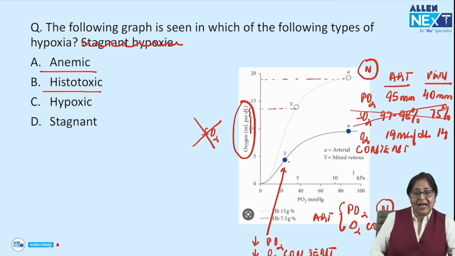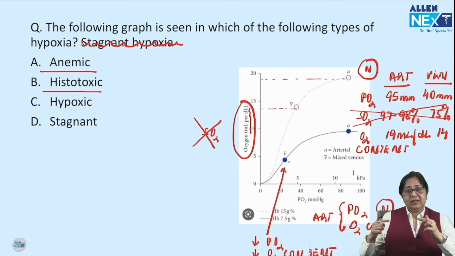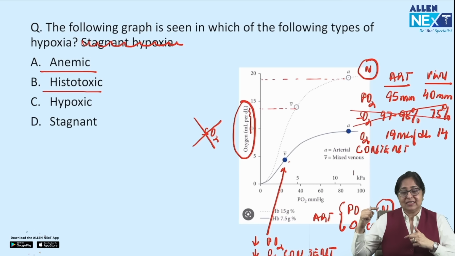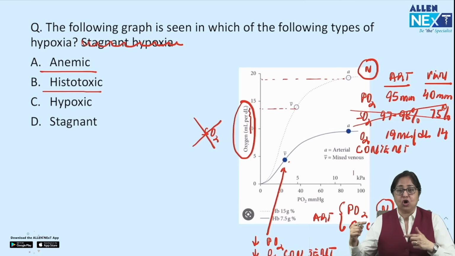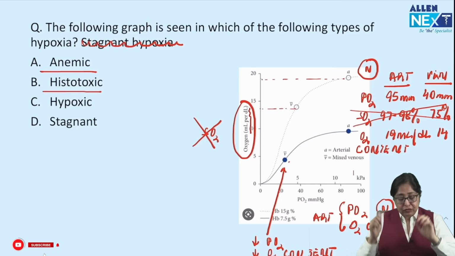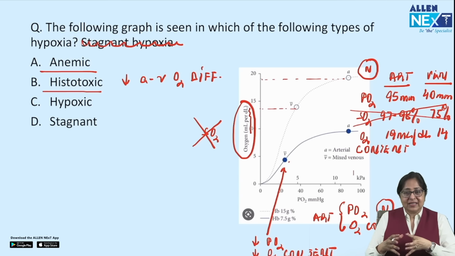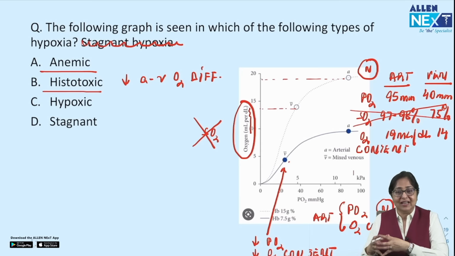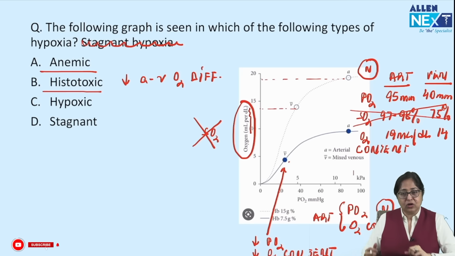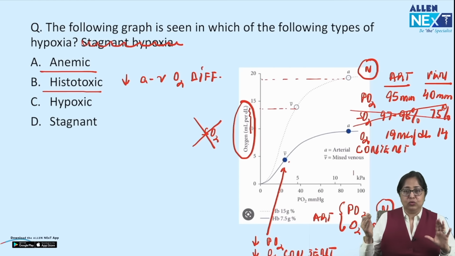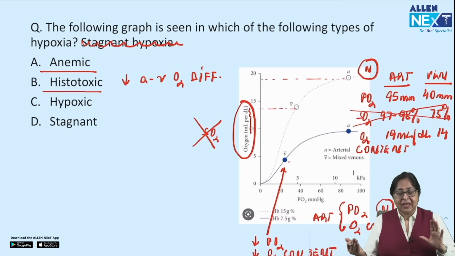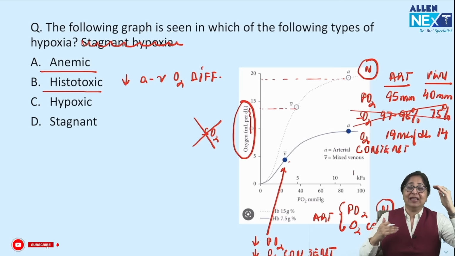In histotoxic hypoxia, there is a decrease in the arteriovenous oxygen difference. Why? Because in histotoxic hypoxia, the tissues are not able to utilize oxygen. So the normal arteriovenous oxygen difference, which is 95 PO2, 40 on the venous side, oxygen content 19 ml, and 14 on the venous, this difference will change.